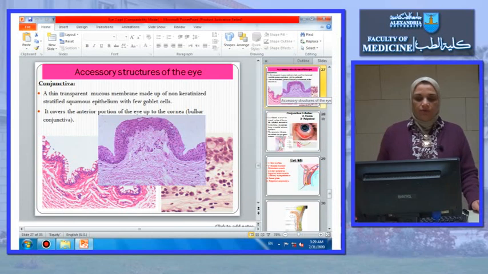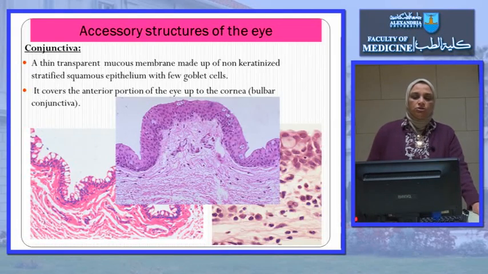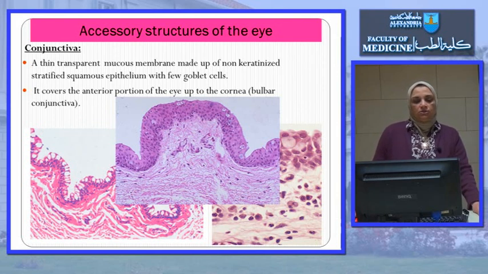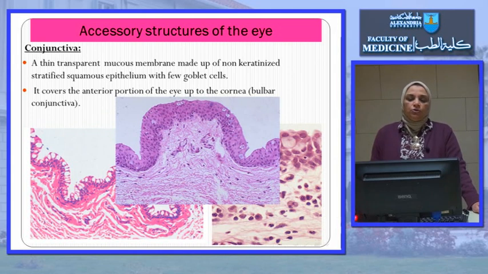Now we finished the three coats of the eye and the lens, and we'll start accessory structures of the eye. Accessory structures include the conjunctiva, a thin, transparent mucous membrane that covers the anterior portion of the eye up to the cornea. You have to know that the cornea is not covered by conjunctiva.